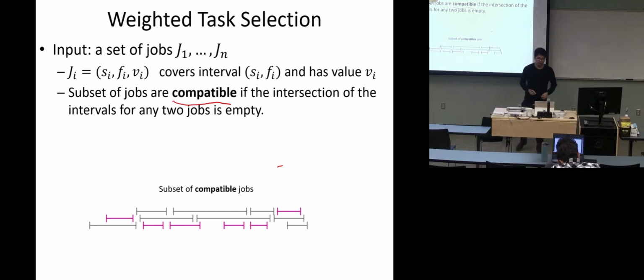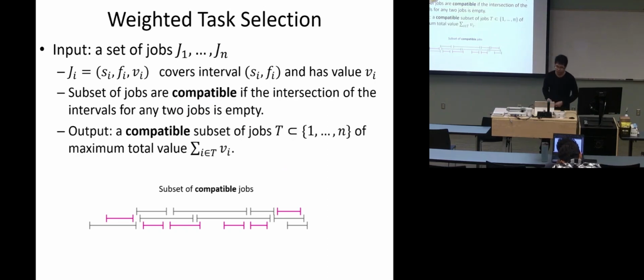If I instead put this job, let's say this one, into my set, then it's not compatible because it overlaps with this one. The natural question is: we want a compatible subset of jobs that maximizes the total value. You have one machine, and you want to pack in as many jobs as you can to maximize the value. Does the problem make sense?